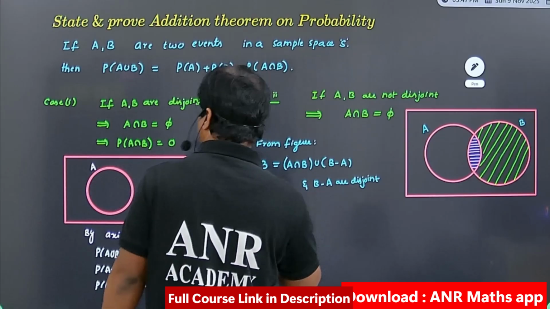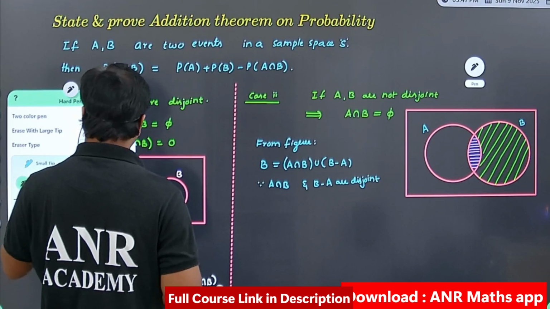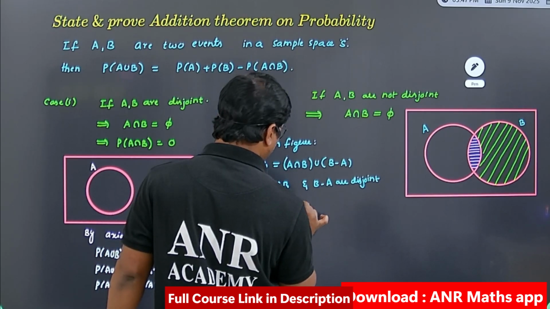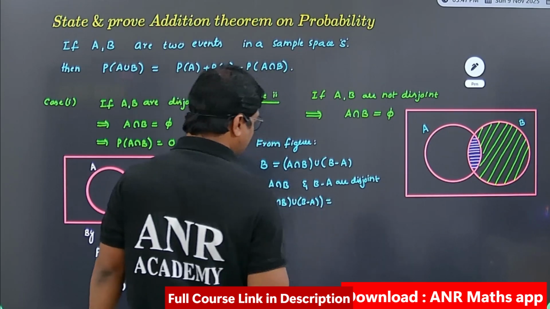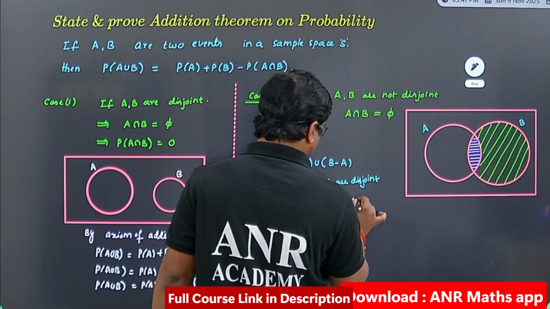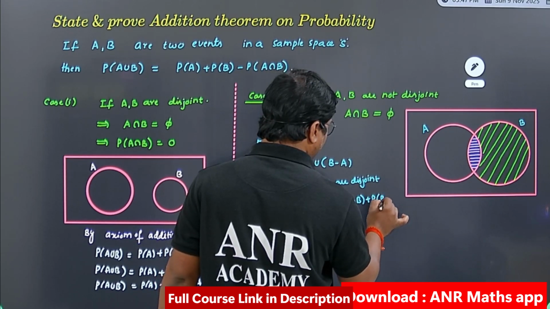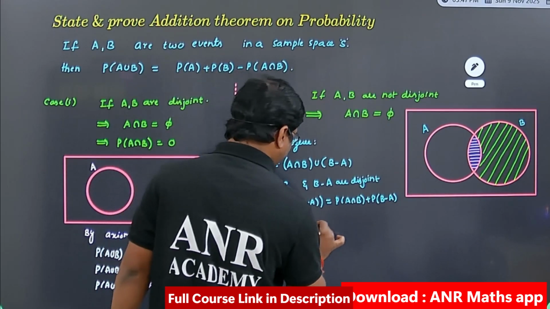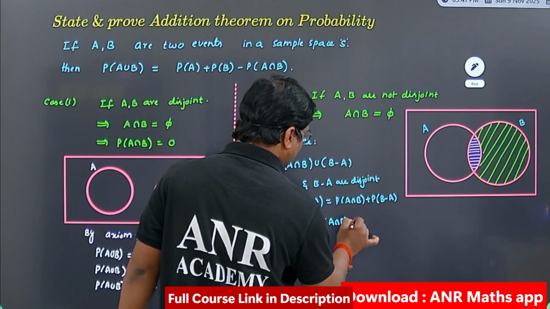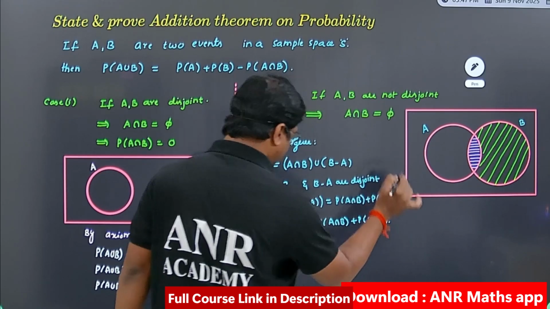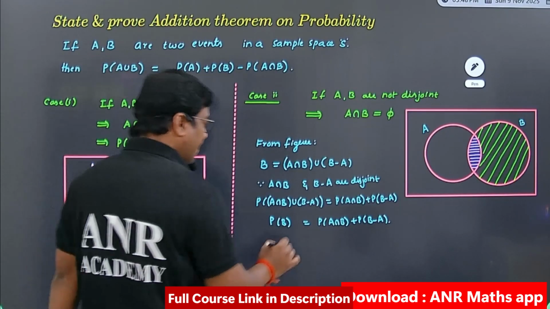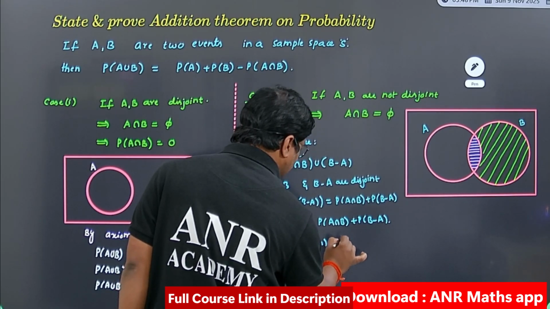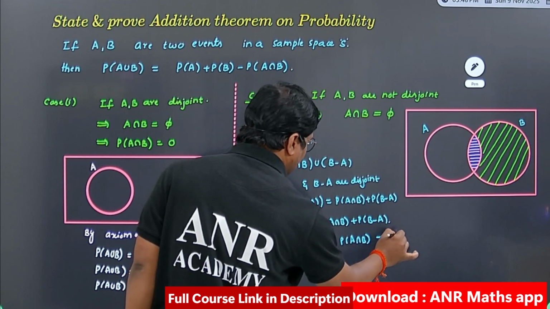Therefore here I can write probability of A intersection B union B minus A can be written as first probability of A intersection B plus probability of B minus A. But this one is clearly B. Therefore P of B is written as probability of A intersection B plus probability of B minus A. And you can write probability of B minus A equals probability of B minus probability of A intersection B. Assume that this is some star.